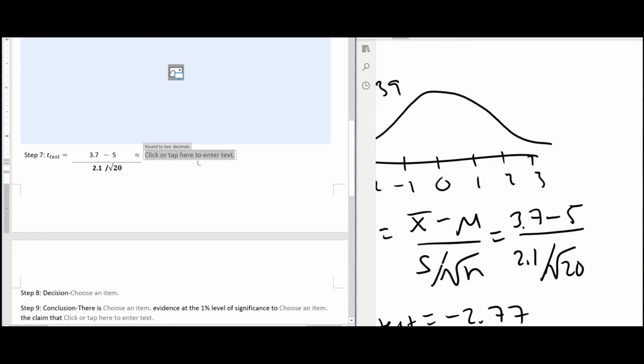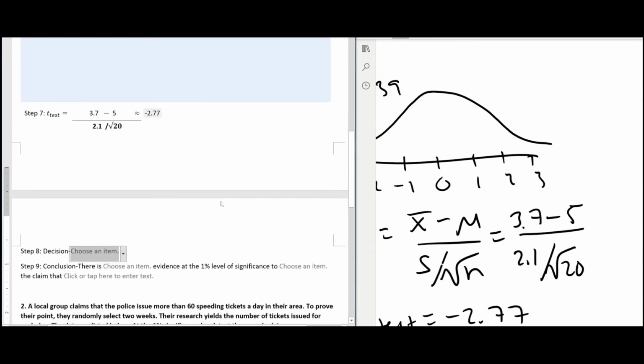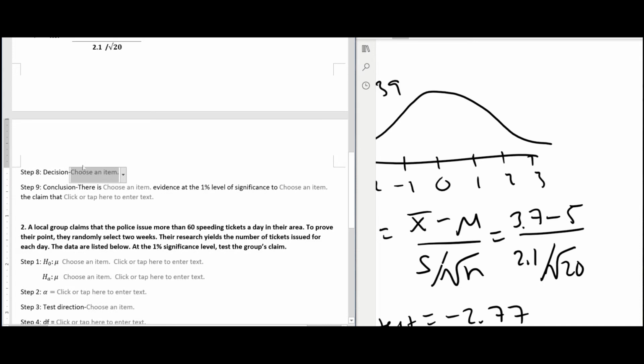And then I'm going to type in the final answer, negative 2.77. All right, so that's how you show your calculations. I try to provide a template for you.